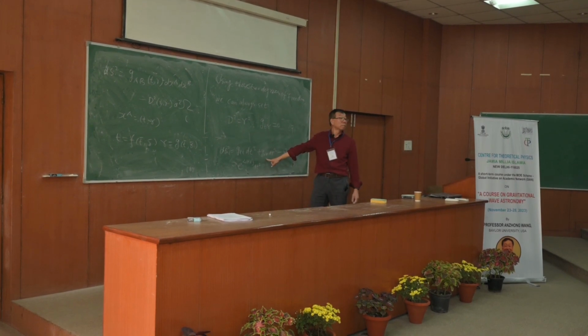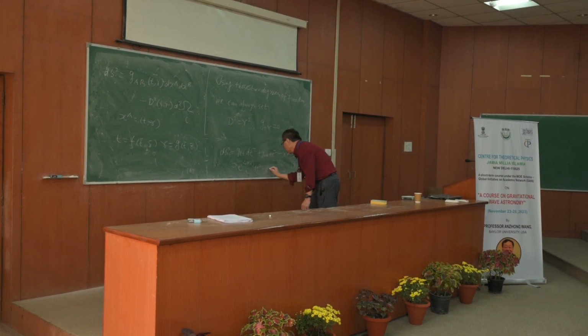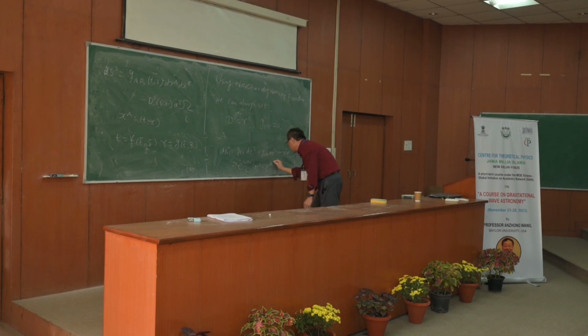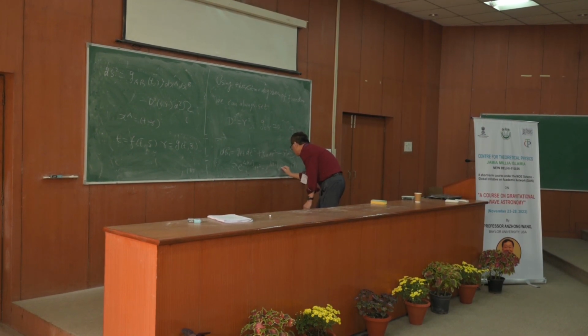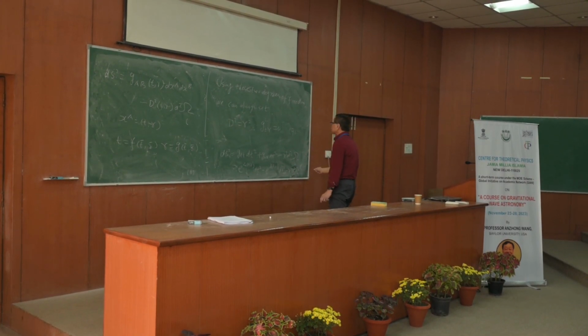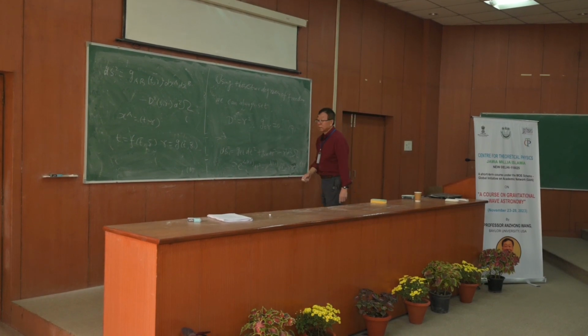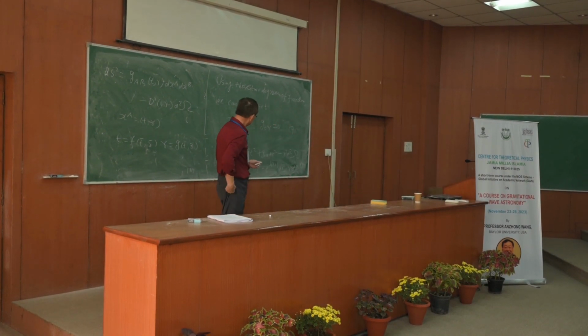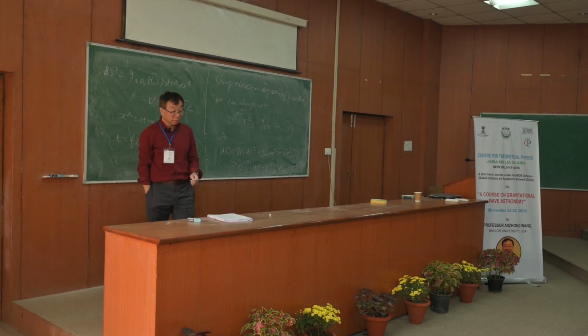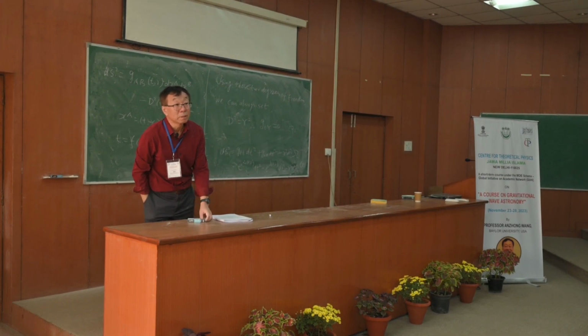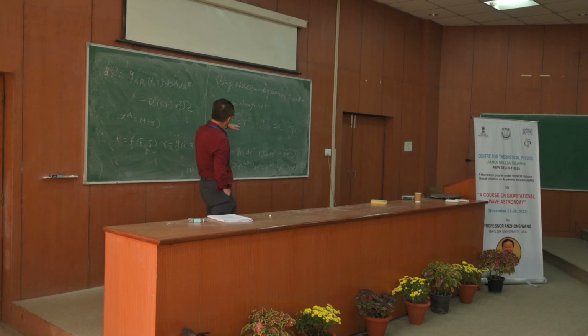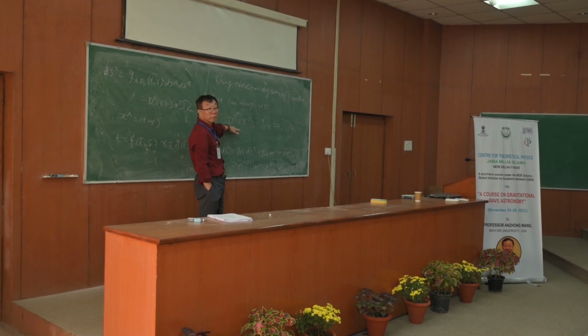This is always negative. So I'm going to write e^nu(t,r) dt squared minus e^lambda(t,r) dr squared minus r squared d omega squared.